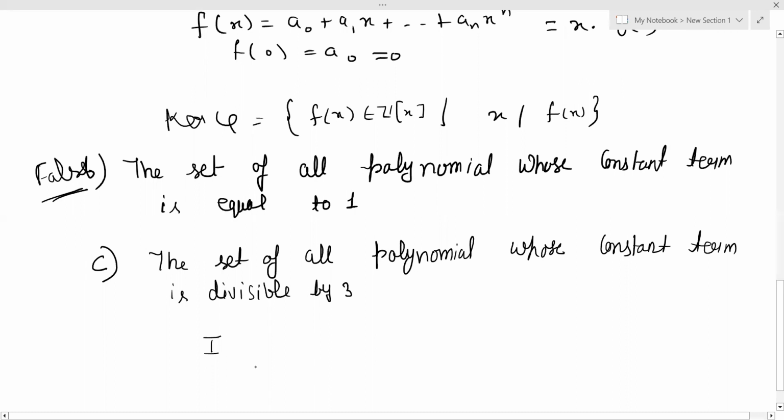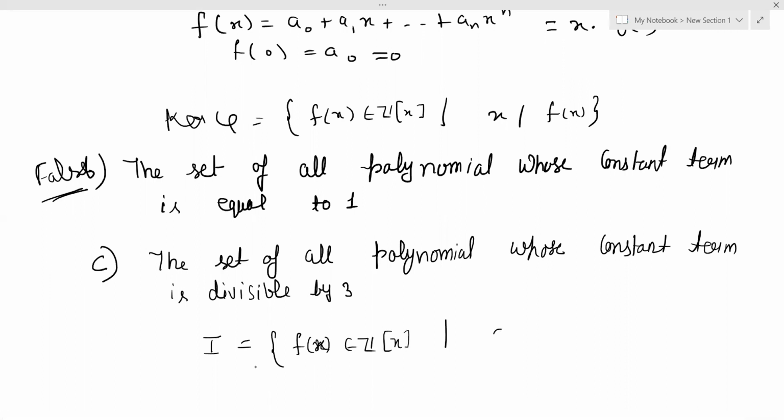We are saying this I is an ideal: f(x) belongs to Z[x] such that 3 divides a0.